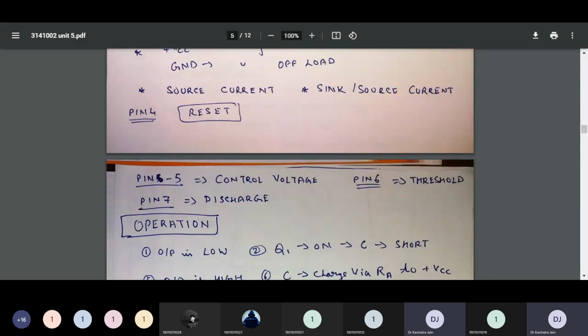Pin number 6 is the threshold pin. It monitors the voltage across the external capacitor.